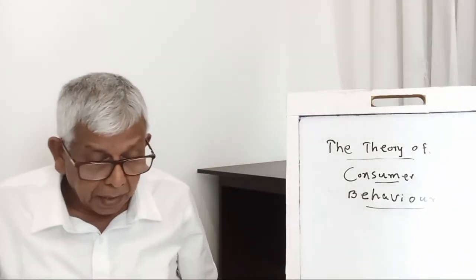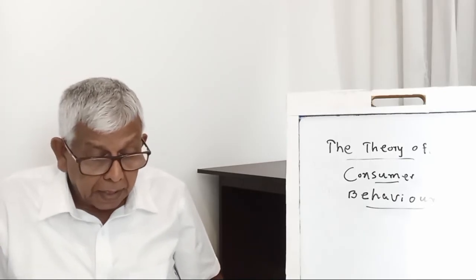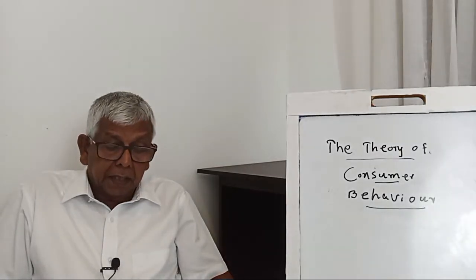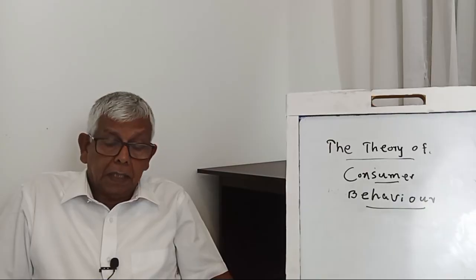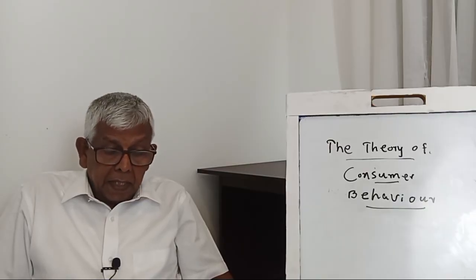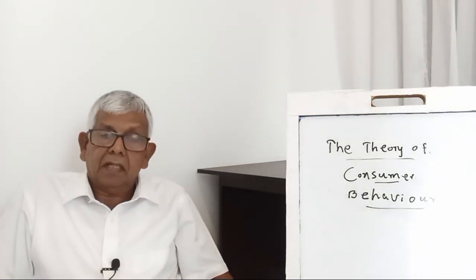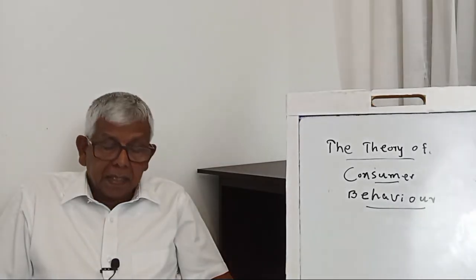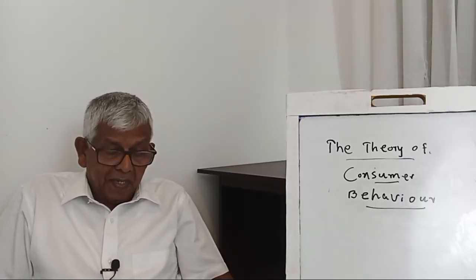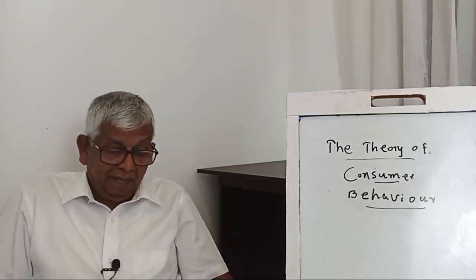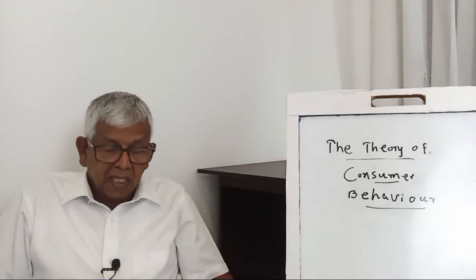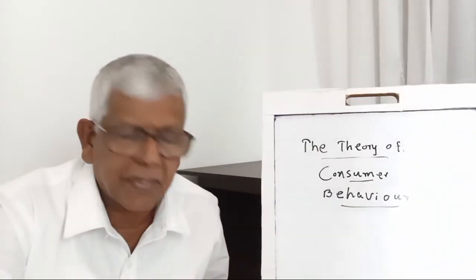Third one, if the consumer keeps consuming a particular good continuously, the total utility increases at a decreasing rate, reaches its highest level, and then total utility starts decreasing. Fourth one, marginal utility of money is constant.